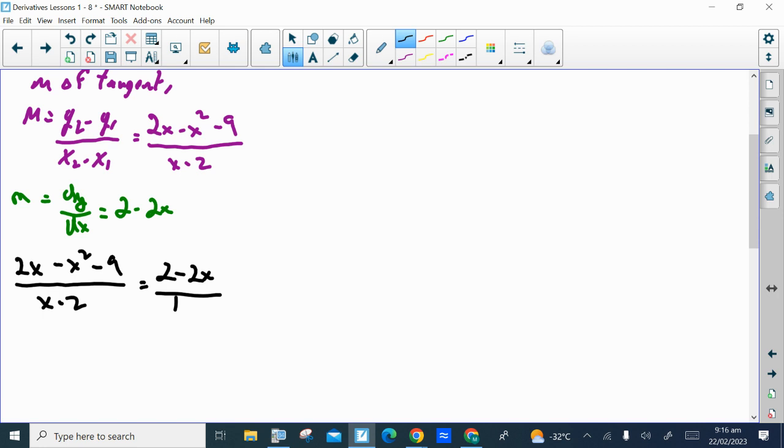We're going to solve this equation to find out where x is, which will be where the point of tangency is. We're going to solve this equation by multiplying both sides by x minus 2, which is the same as cross multiplying. So 2x minus x squared minus 9 has to equal (x minus 2) times (2 minus 2x).